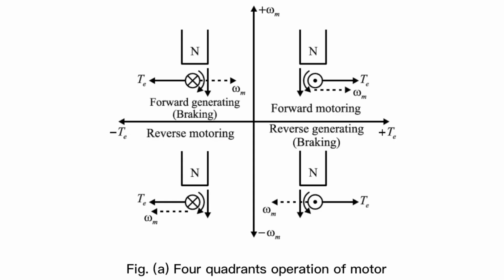You can see the four different modes of operation of an electric machine in figure A. Although the diagram indicates that the field polarity is maintained and the armature current is reversed to obtain negative torque, the same effect is obtained by reversing the field polarity and maintaining the armature current direction.